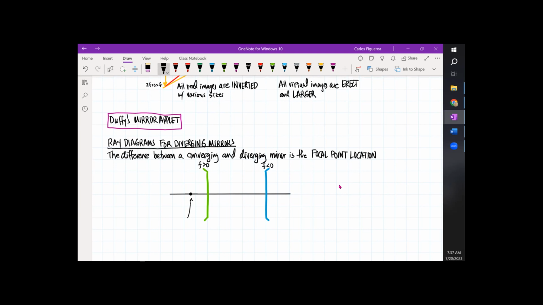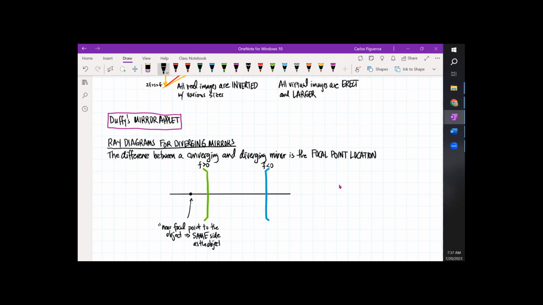So I'm going to call this the near focal point to the object. So that means it's on the same side as the object.